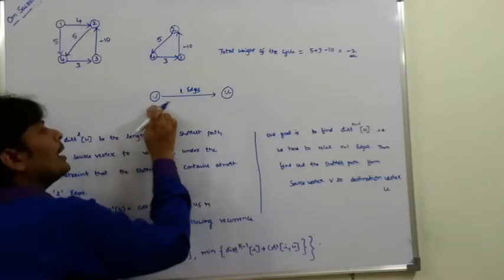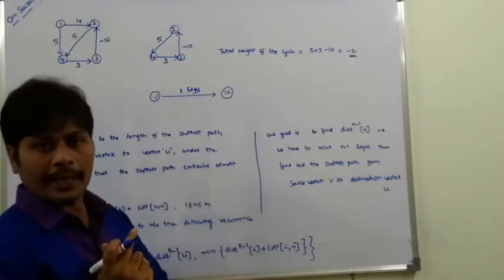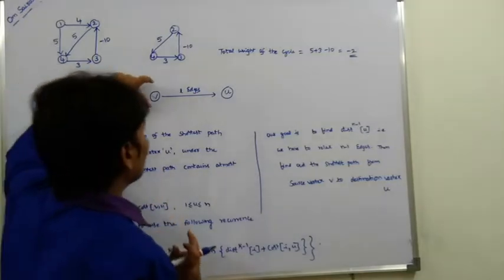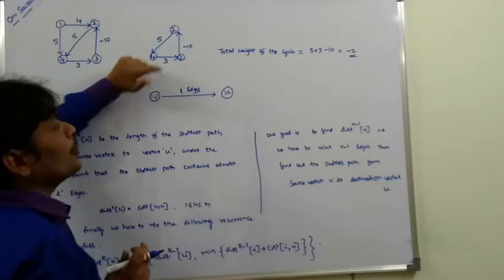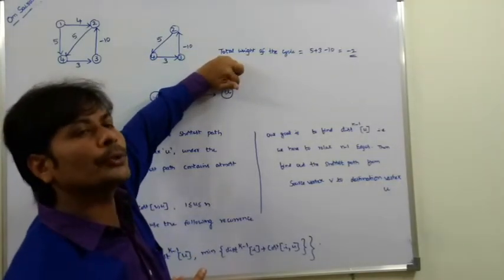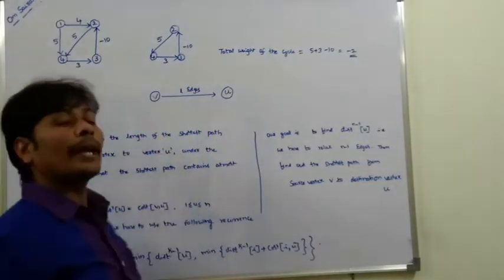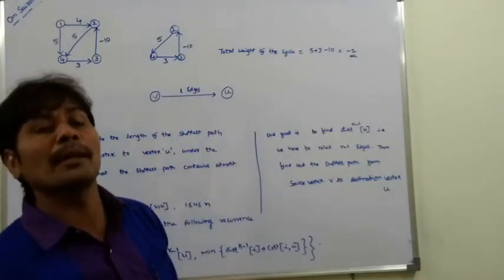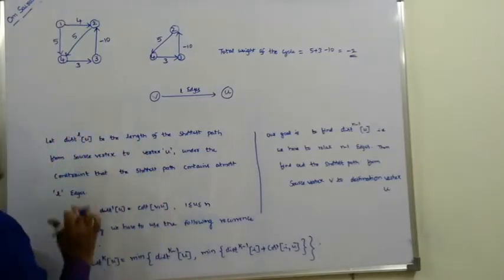At most L edges means that between vertex V and vertex U, there is a shortest path. To travel from the source vertex V to the destination vertex U, we travel through at most L number of edges. So this is the meaning of this point.